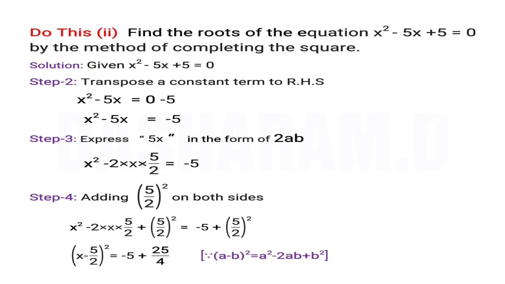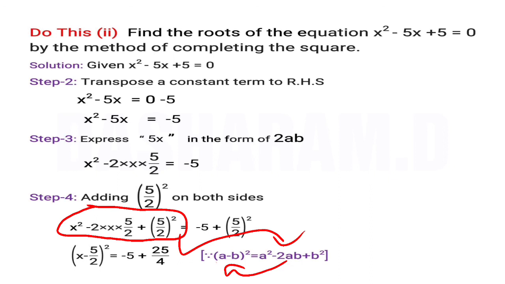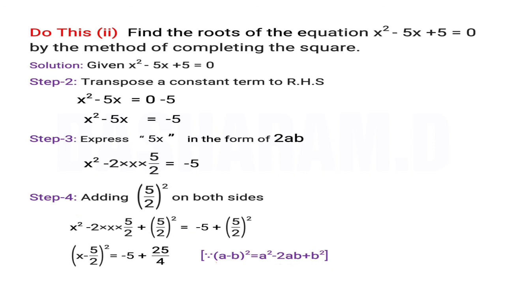Now observe the LHS carefully. x² - 2 × x × 5/2 + (5/2)² is in the form of a² - 2ab + b², which equals (a - b)². So then (x - 5/2)² = -5 + (5/2)². The answer is 25/4.